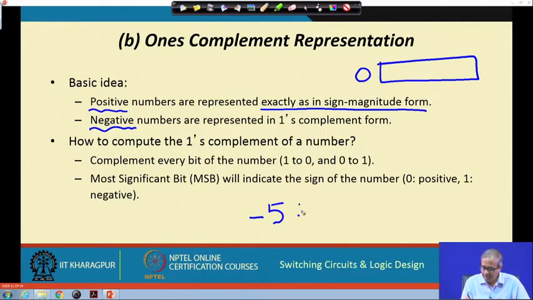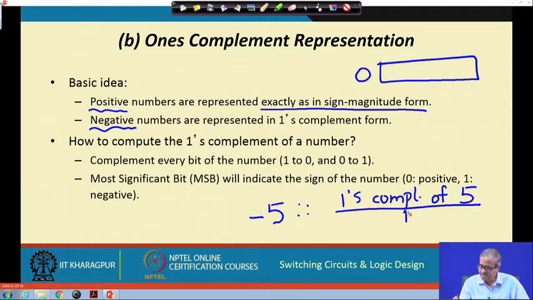So, I do something called 1's complement of 5. Once I do 1's complement of 5, this is my representation for minus 5. So, when I have a negative number, I take the magnitude 5, I compute 1's complement of 5, and that will give me my representation of minus 5.